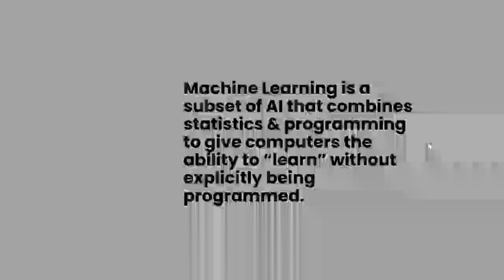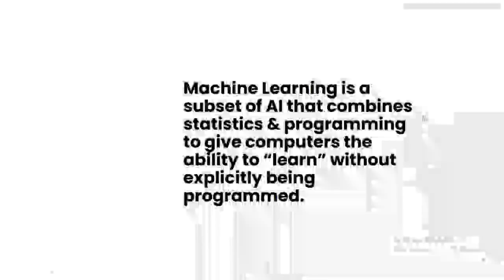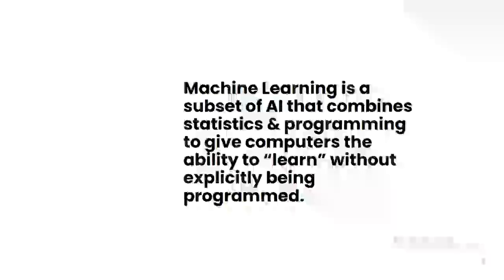Okay, so let me again put my screen. As I was telling, artificial intelligence is the top umbrella, under which there is machine learning, and under which there is deep learning, and then you have NLP, maybe computer vision, and then you have generative AI, right?